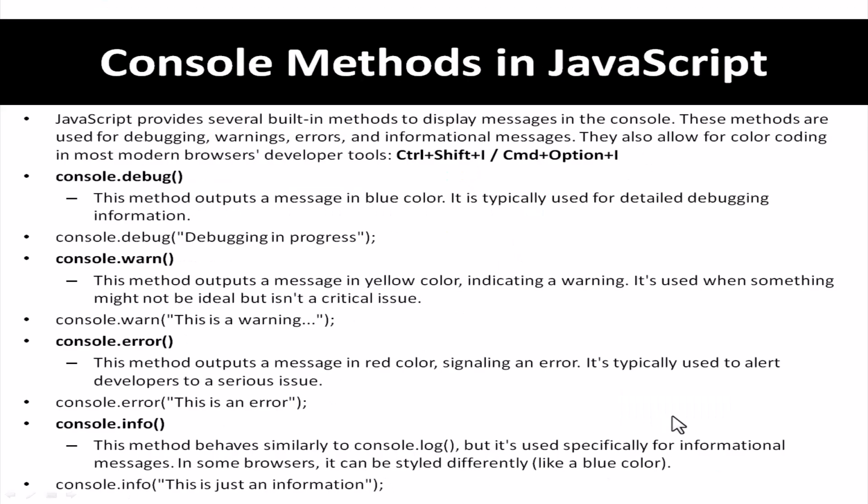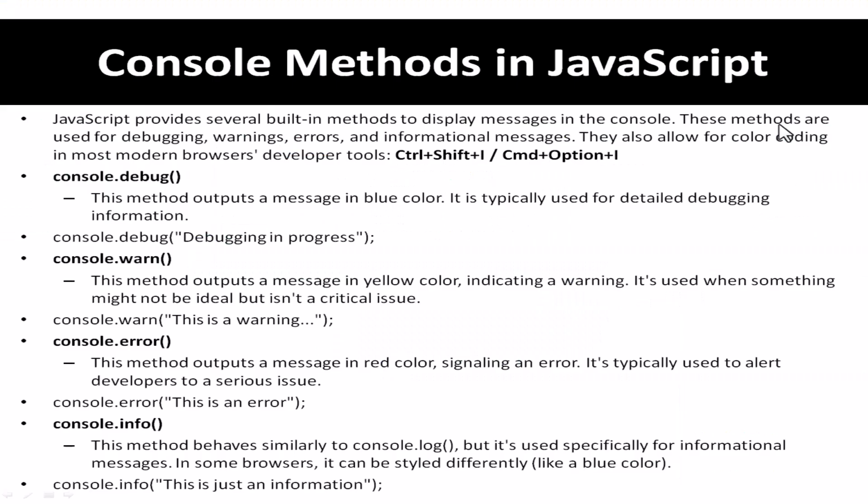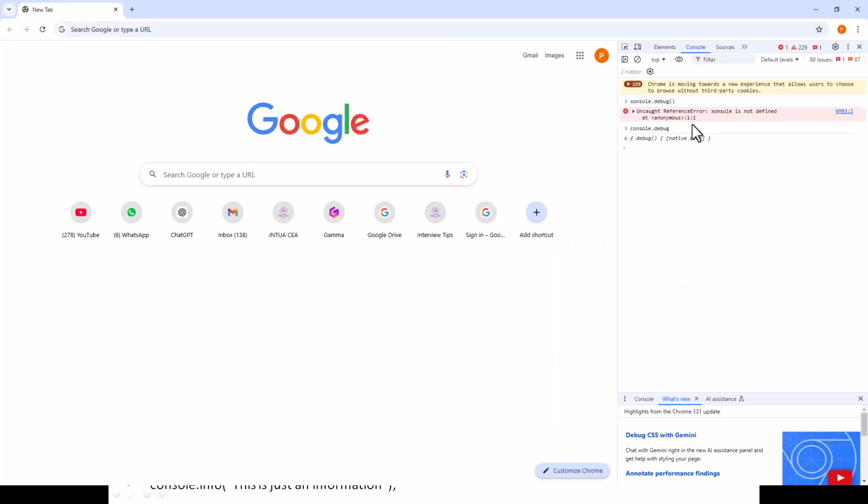So for example, if you type console.debug, what will happen? It has shown console.debug, native code. That is the thing it is going to show. Now if you type the parameters, it is going to show undefined because we have not given any particular code to debug.